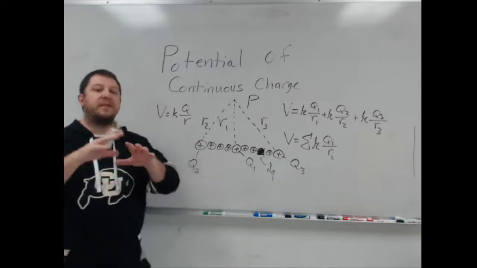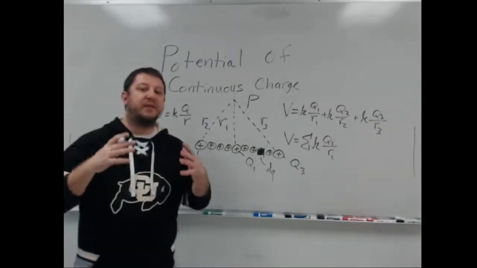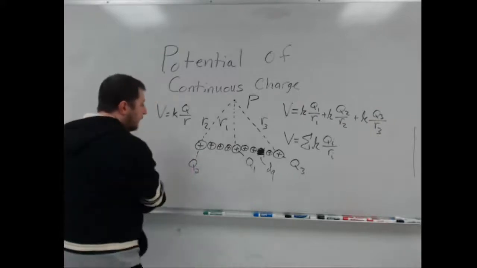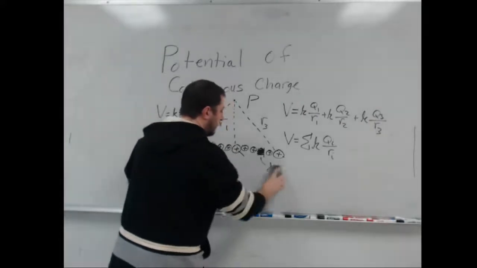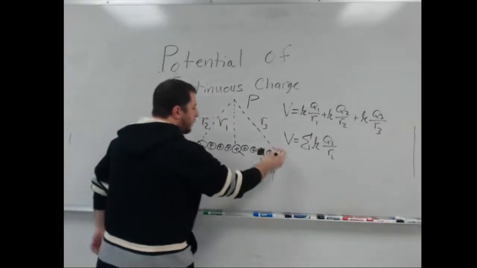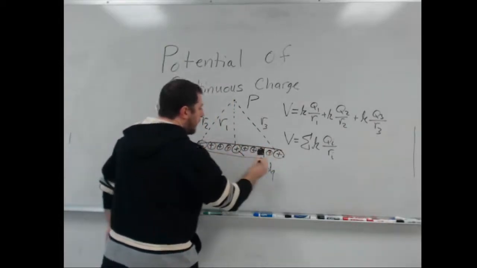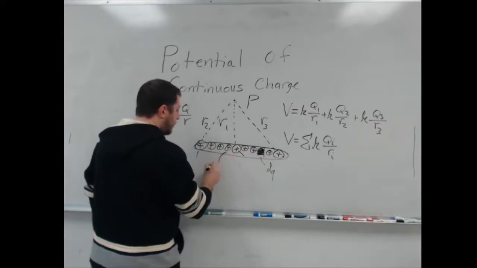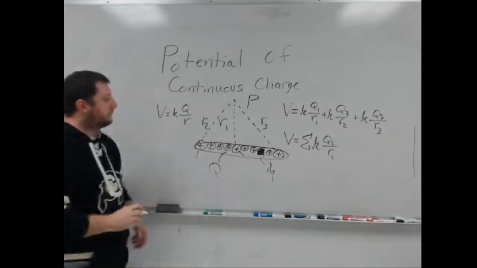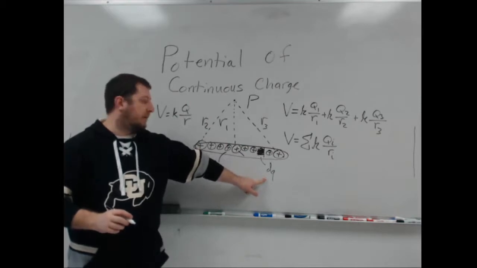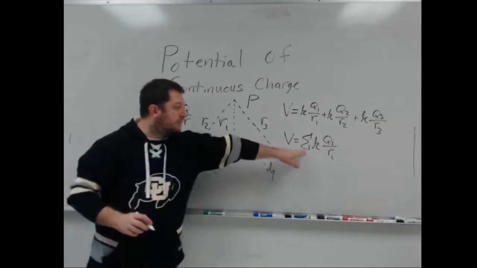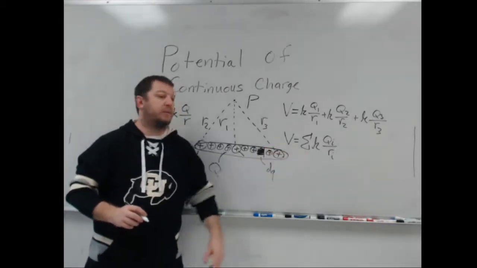So if you think of the entire charge distribution as having total capital Q, so now instead of each individual charge having their own Q, we're going to say this whole object has total charge, capital Q, and an individual infinitesimal piece of that has charge dq, and we move from a summation to an integral.